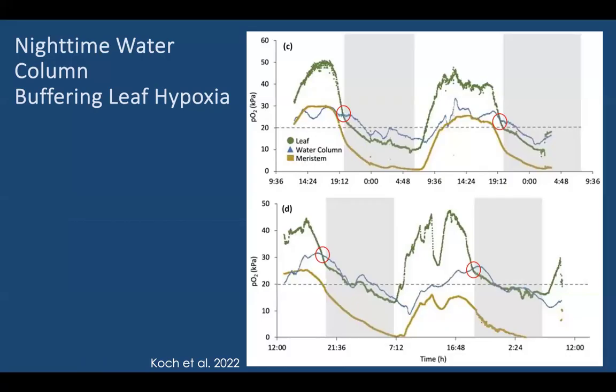You can also see at night that the meristem becomes hypoxic on several occasions, and we saw that consistently. But we rarely saw hydrogen sulfide intrusion. That was kind of interesting, because if it's going hypoxic or anoxic, you would think you would have sulfide intrusion.